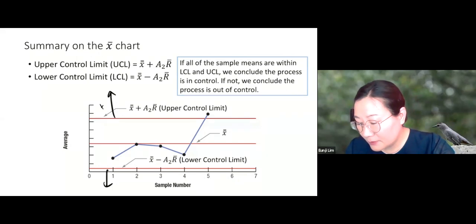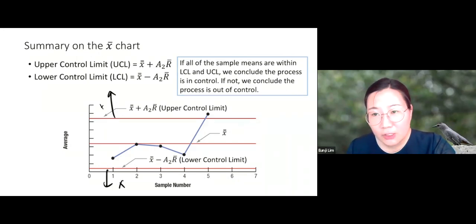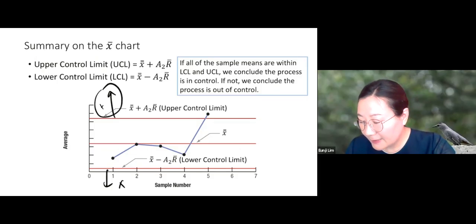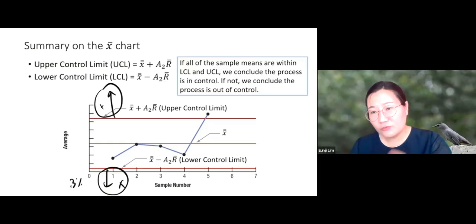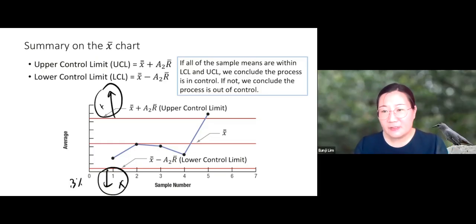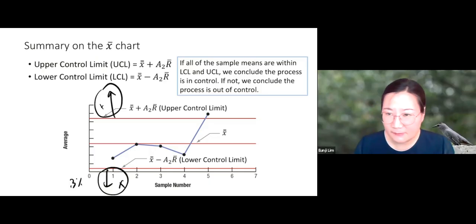And if that happens, we're going to conclude the process is out of control, even if there's nothing wrong in the process. That happens 0.3% of the time, and in that case, we are making a wrong conclusion because we conclude the process is out of control, even if there is nothing wrong with the process.